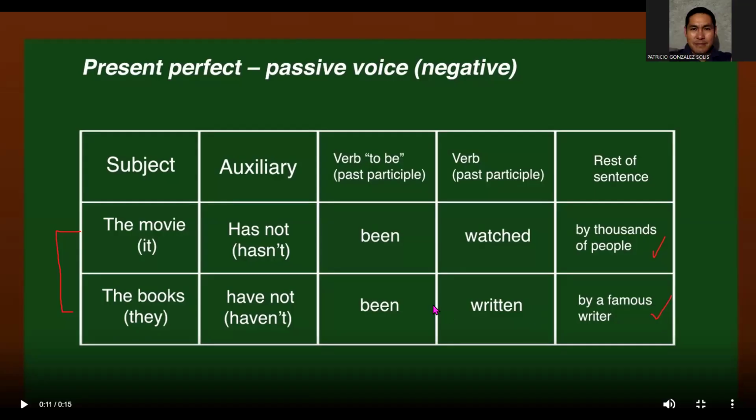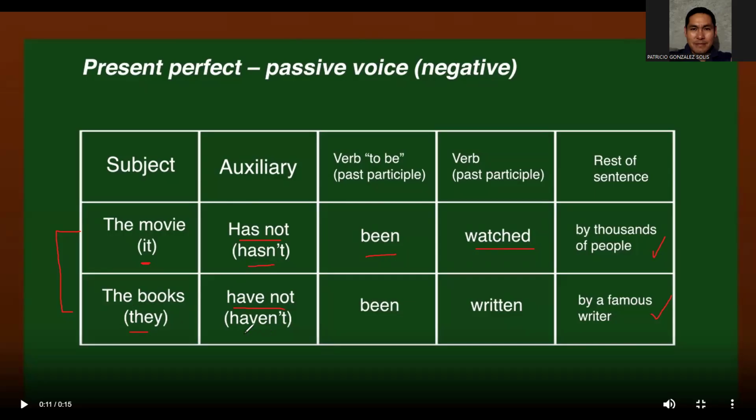Thanks, my dear Frida Elizabeth. We know that movie, it's something. That's why it is in parentheses. Has not or hasn't been is necessary because it is passive voice. Action in past participle and the rest of the sentence. Second, the books or they, two or more.